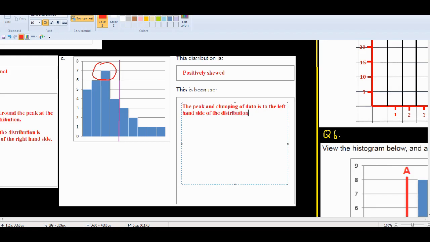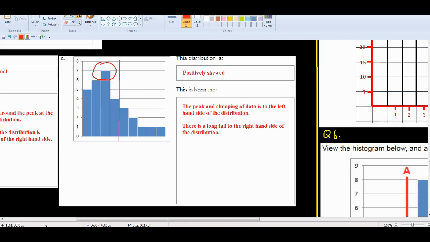Also, you need to mention that there is a long tail to the right hand side of the distribution. So that's kind of the description.